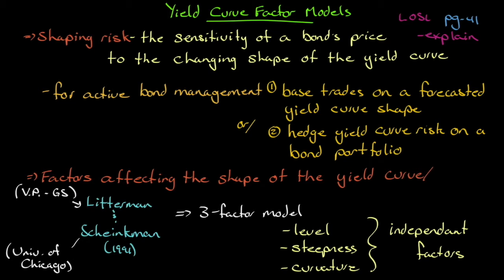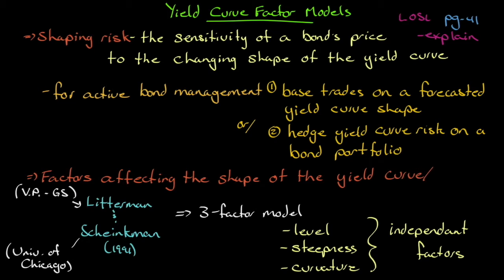So now we're going to move to a way to measure the risk of a changing curve. Rather than just explaining the shape of the curve or describing the shape of the curve, we're going to say, all right, so I have a forecast of what I think the yield curve will look like in a year.